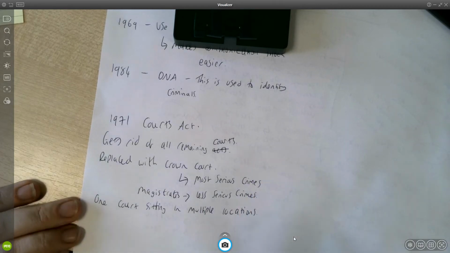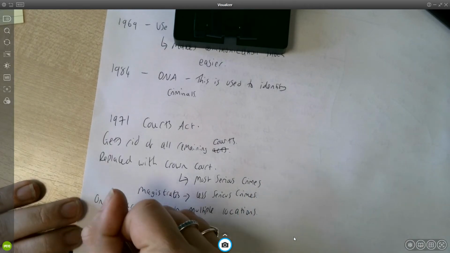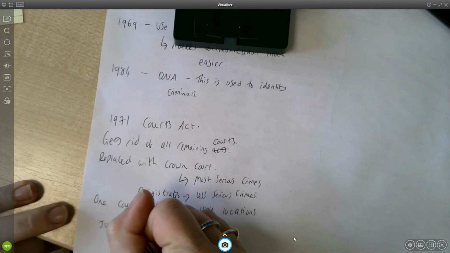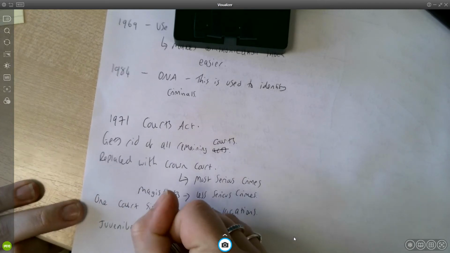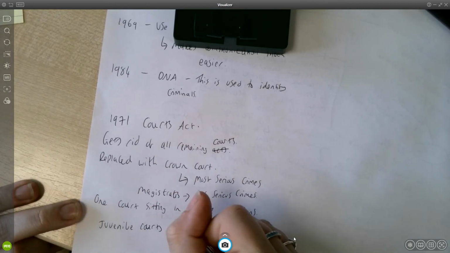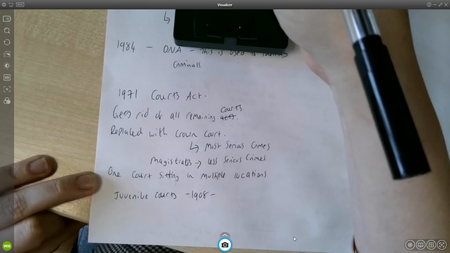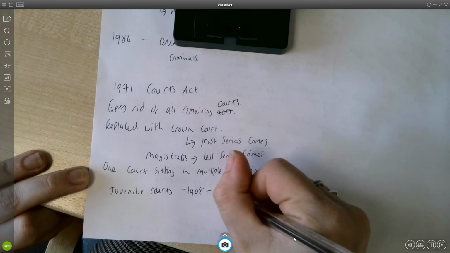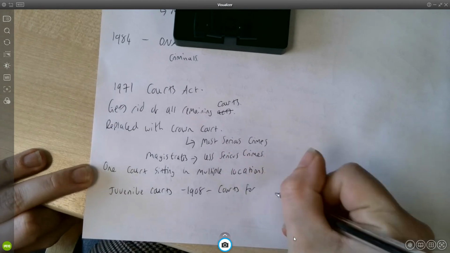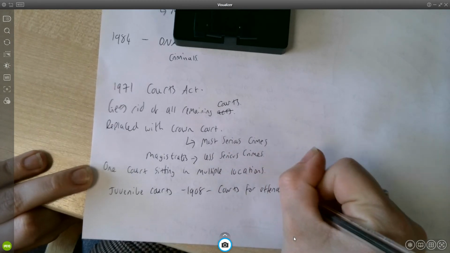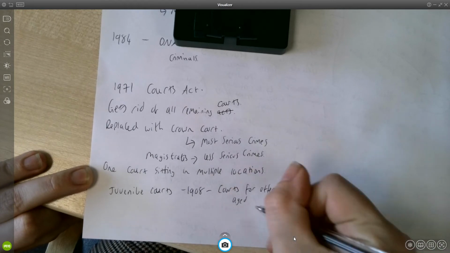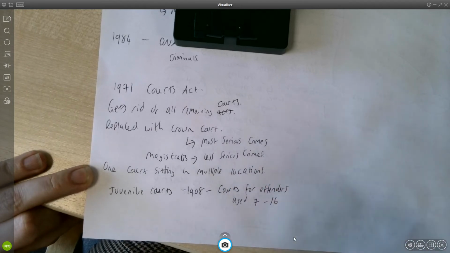There's also the introduction of juvenile courts in 1908, and these are courts for offenders aged 7 to 16.